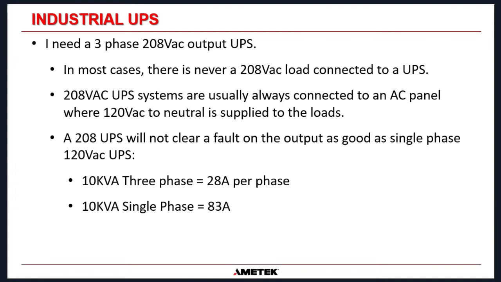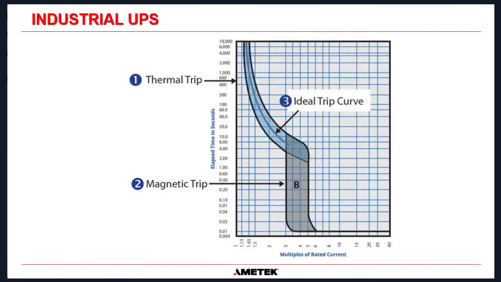If you look at this trip curve, just a general trip curve for a breaker, you can see that if you install, let's say, a 10 amp breaker on the AC panel of your system going to a load, you need 3 times the amount of current to get into that B region on this trip curve, which will cause a trip quicker than 2.53 seconds.